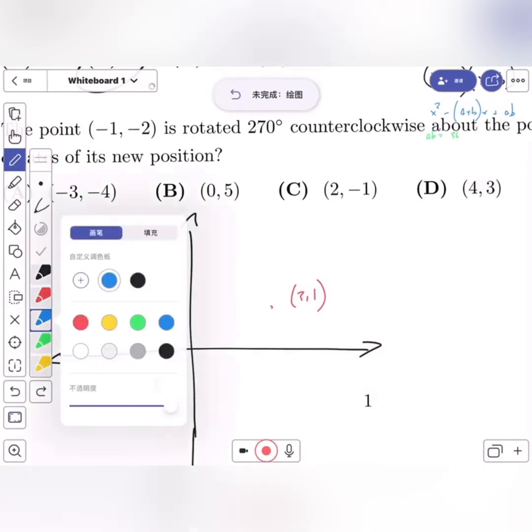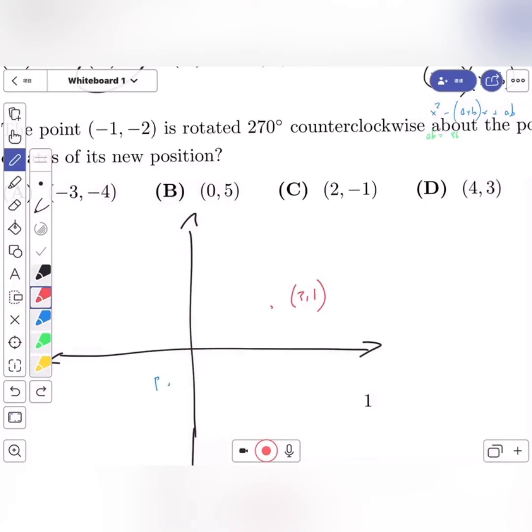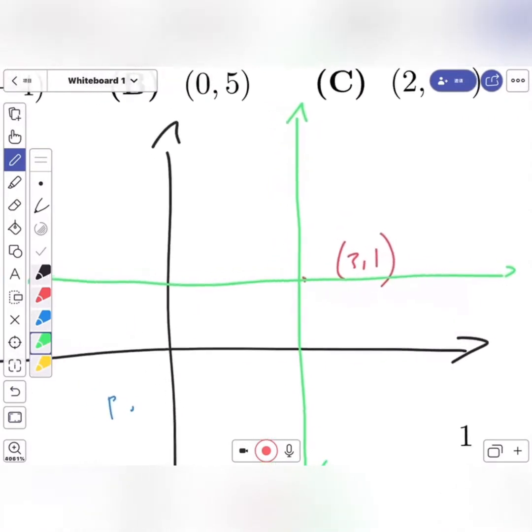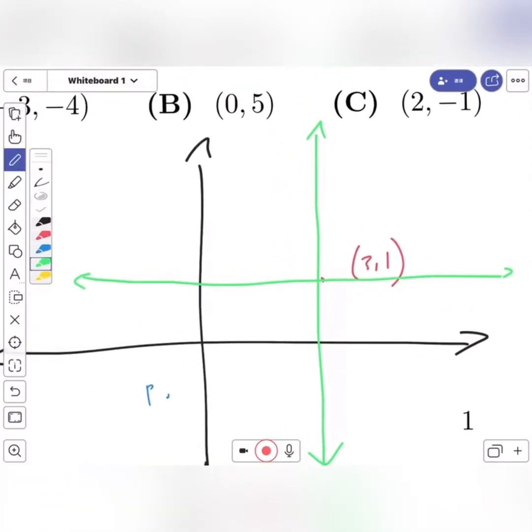Now I want to rotate 90 degrees clockwise about the position, so we can shift the coordinates so that the new origin is at 3, 1. So how does that help?